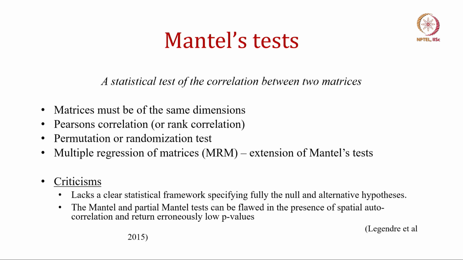And since we can't use a conventional regression or correlation approach, we use permutation or randomization tests. More recently, there have also been multiple regression approaches to matrices which extend the Mantel test. There have also been criticisms of these, that they lack a framework for fully specifying null and alternative hypotheses, and that the tests can be flawed when there is spatial autocorrelation, which returns erroneously low p-values.